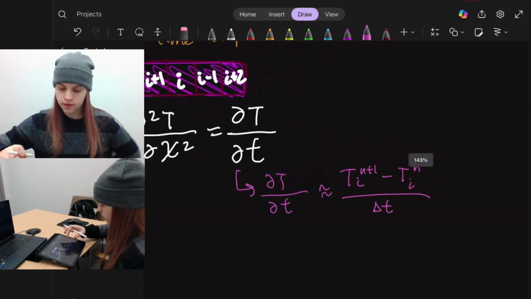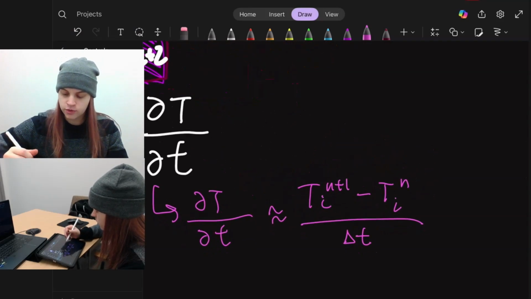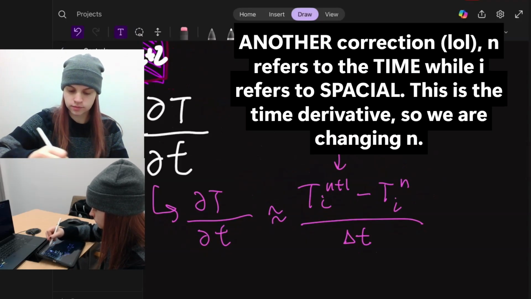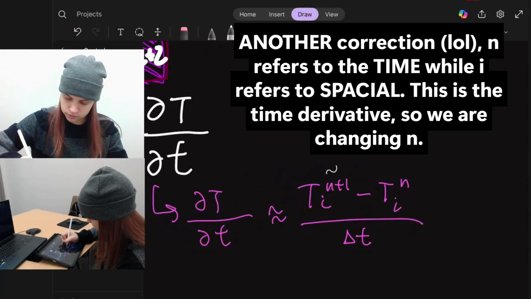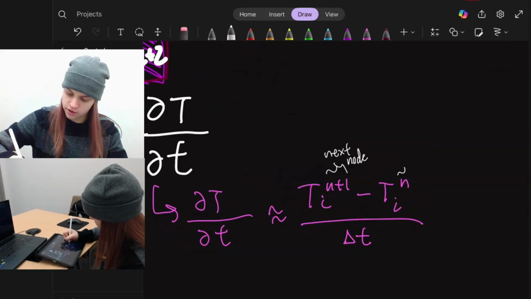So n plus 1 is the next time step, and n is the current one.